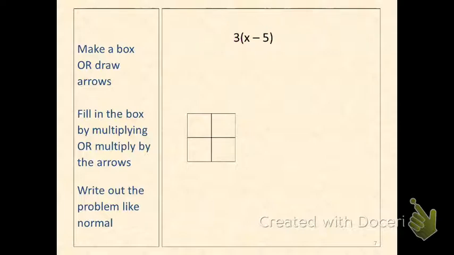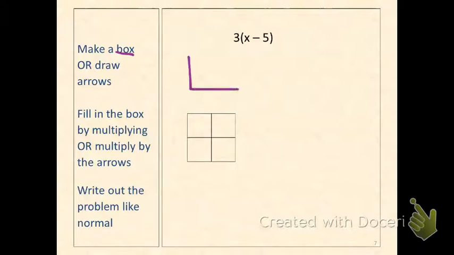A simpler or an expanded way of saying it would be 3 times x minus 3 times 5. That's one way to do it, but I'm going to show you a couple quicker ways to do it right now. First, step 1, you're either going to make a box or draw arrows.